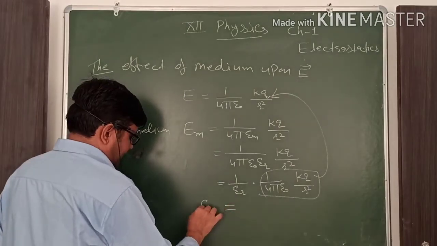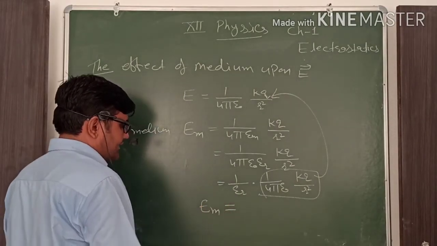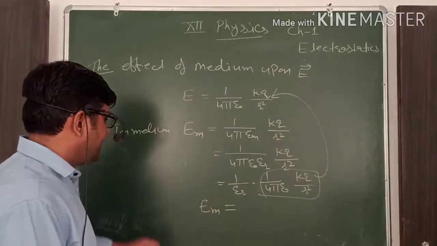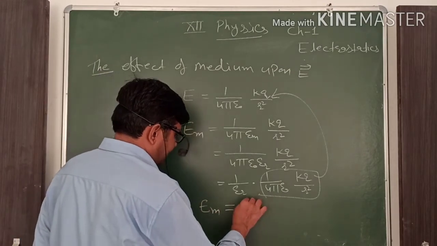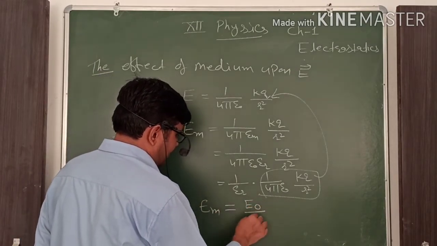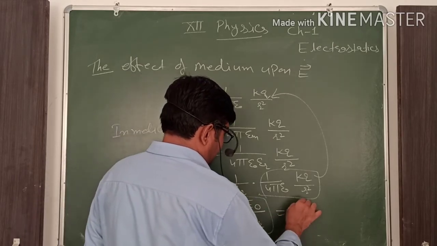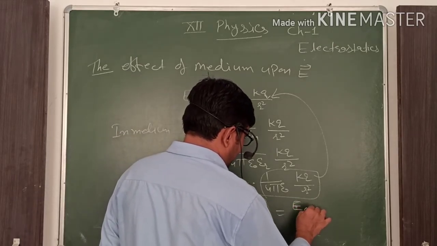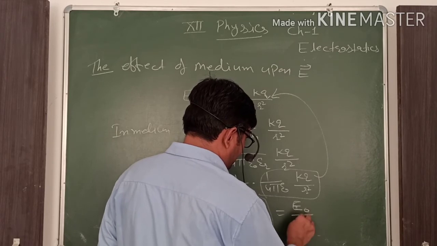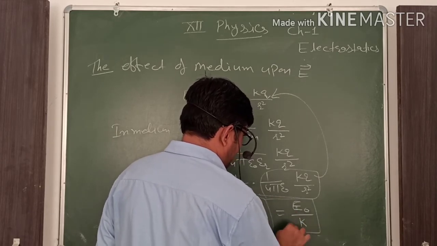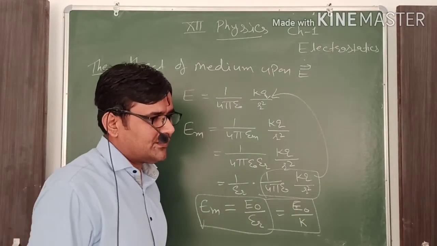Now we can derive the formulation. The electric field in the medium is equal to the electric field in vacuum divided by epsilon r, or E naught, the electric field in vacuum, divided by K. Here K is the dielectric constant.